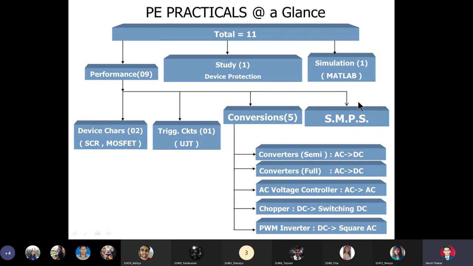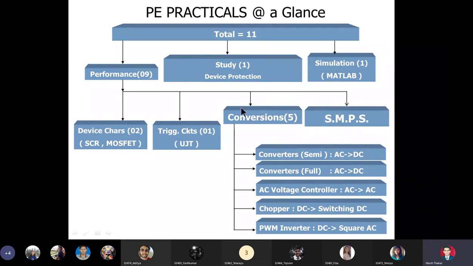We have made this kit in-house and we saved almost 4,700 rupees per kit, because we thought there is no point paying 6,500 to the vendor when the concept is very simple, right? So this is the breakup of 11 experiments prescribed by university.